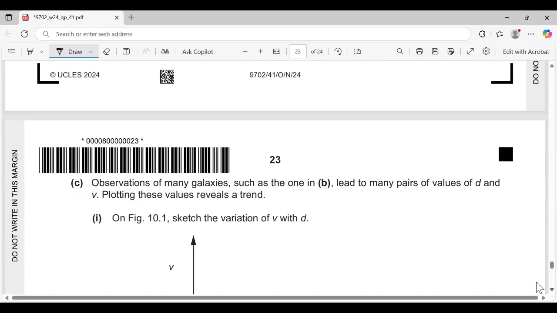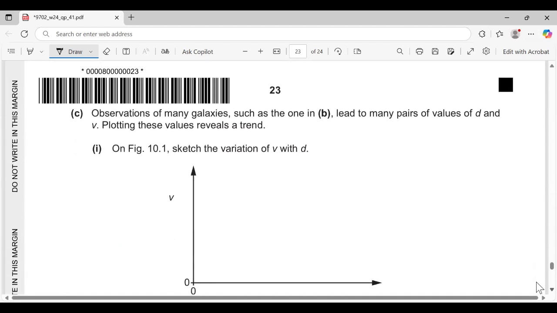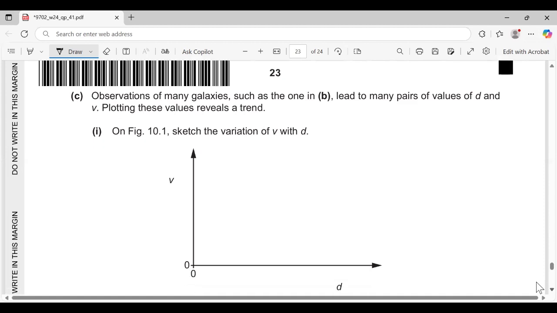Next question. Observations of many galaxies, such as the one in part B, lead to many pairs of values of d and phi. Plotting those values reveals a trend. On figure 10.1, sketch the variation of phi with d.